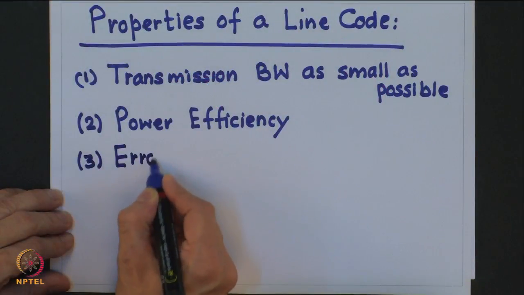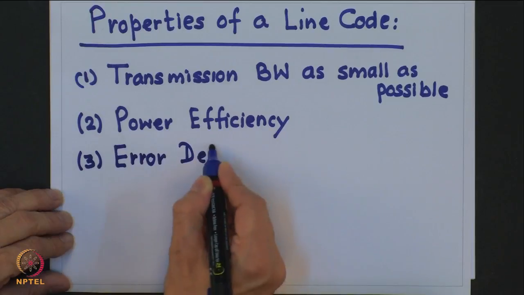The third property is that it should have some kind of error detection and correction property.